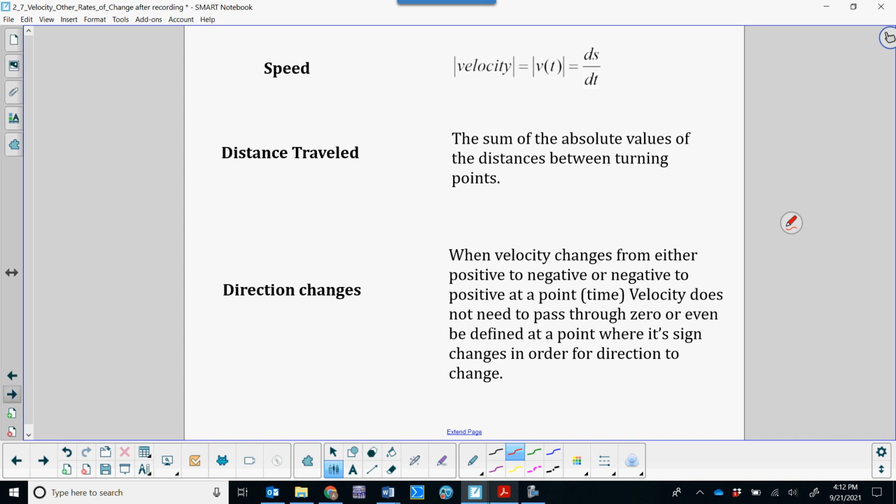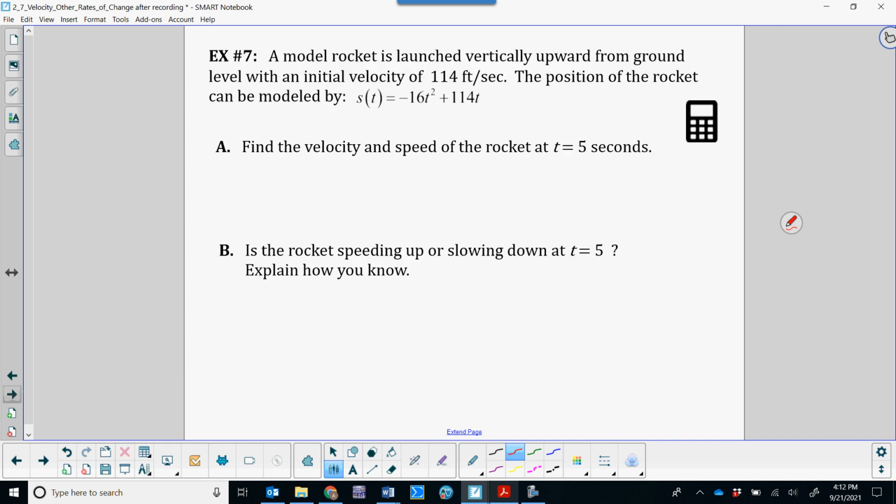So if I'm going forward and backward, right and left, I have to take the absolute value of all of those different legs between turns. The direction will change for a particle whenever the velocity changes from positive to negative or negative to positive. It does not have to go through zero in order to change direction. It could be undefined there. So zero or undefined places are what we look for as possible places it changes direction.